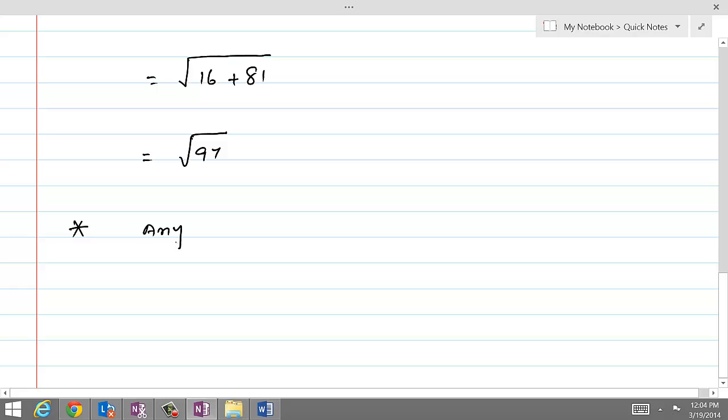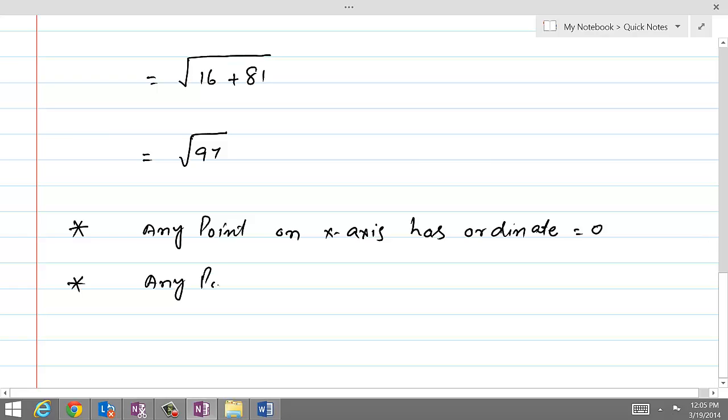Any point on the x-axis has ordinate, meaning the y component, equal to 0, and similarly any point on the y-axis has abscissa equal to 0.